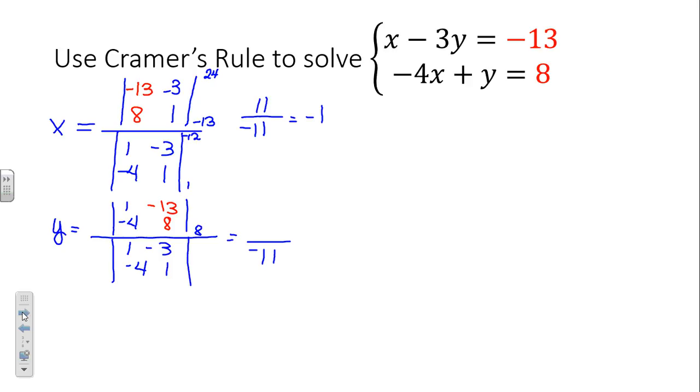So 8 and 13 times 4. Change the sign. Negative 52 and a positive 8 gets us, so my answer.